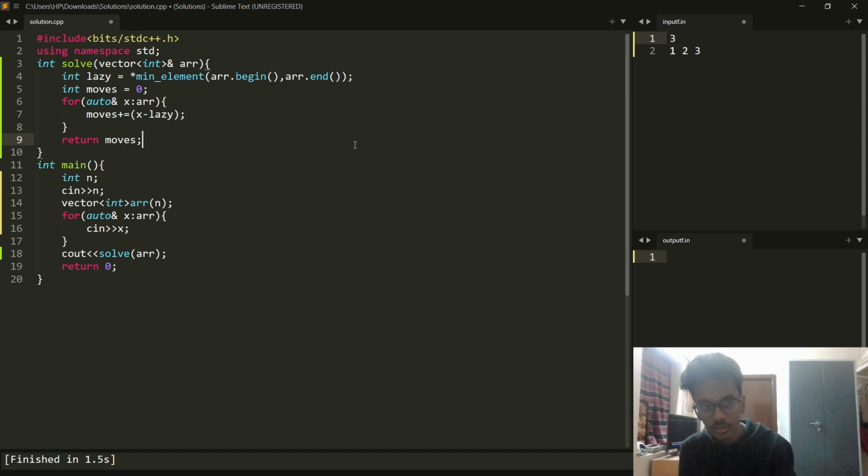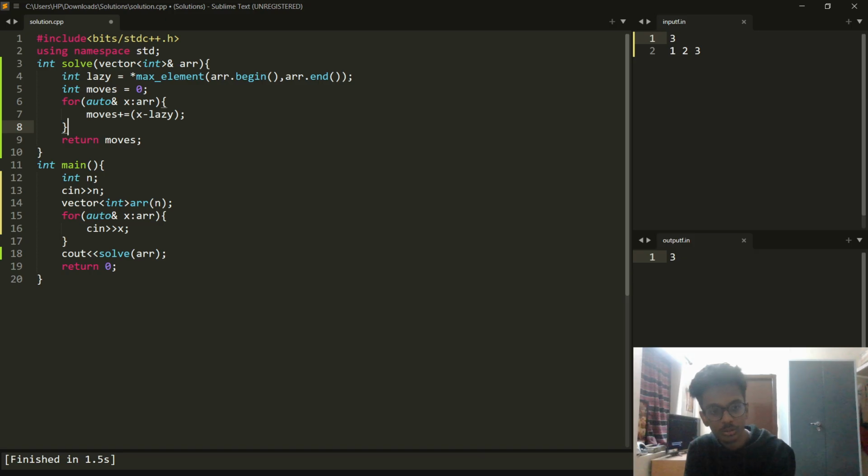okay. So if I run this, it should be printing to make 2 as 1, it should take 1 move. To make 3 as 1, it should take 2 moves. So it should be printing 3. Yeah, it prints 3. And if you are asked to only increment, the lazy element would become the max element, because obviously you won't increase the global maximum.